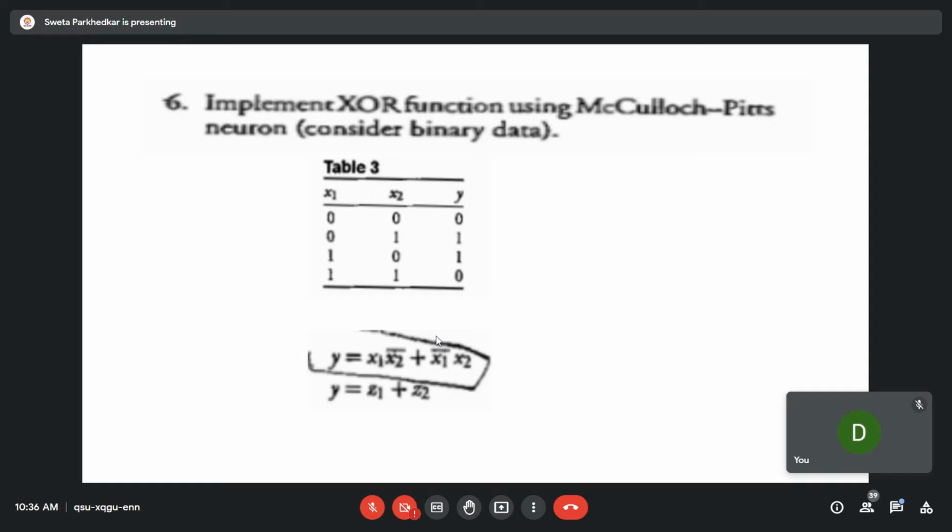ठीक है। इसमें हमको पहले सबसे पहला स्टेप क्या करना है? सिंपल जो न्यूरल नेटवर्क के लिए हम लोग पहले सबसे पहला स्टेप क्या करते हैं?